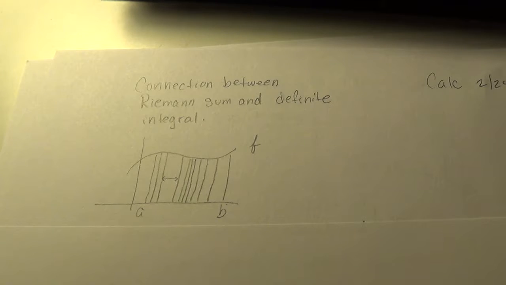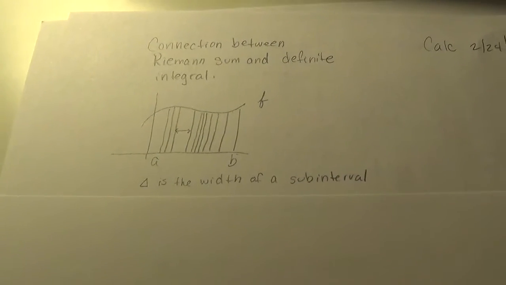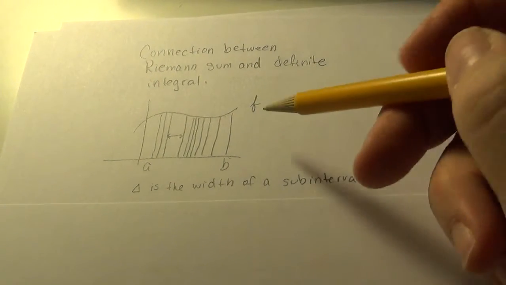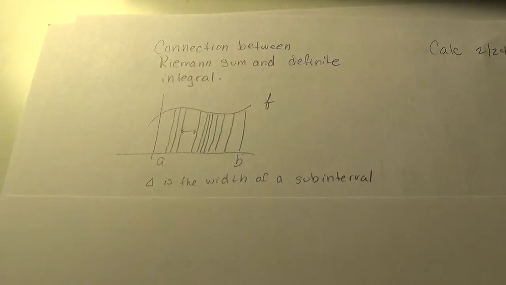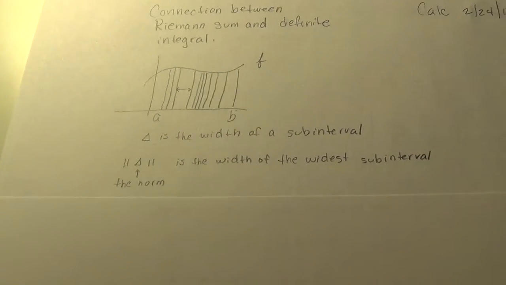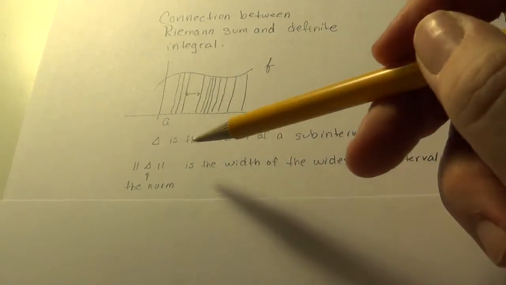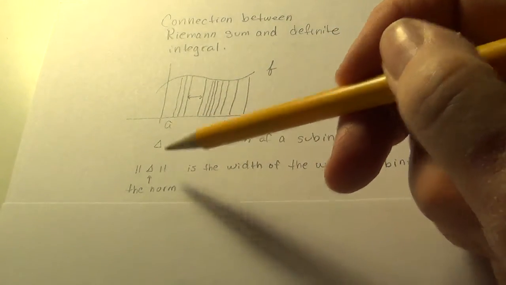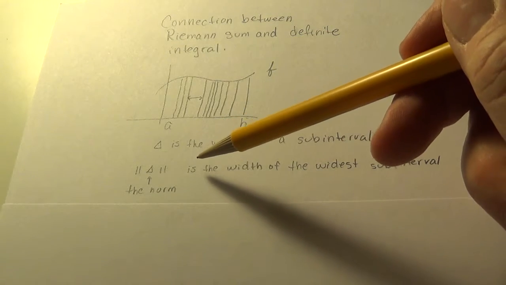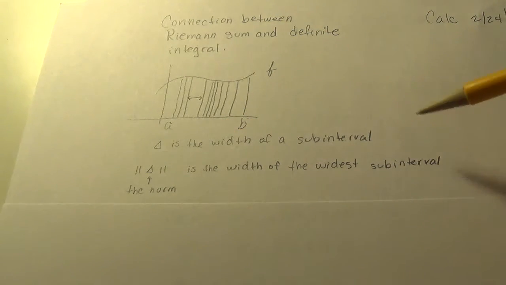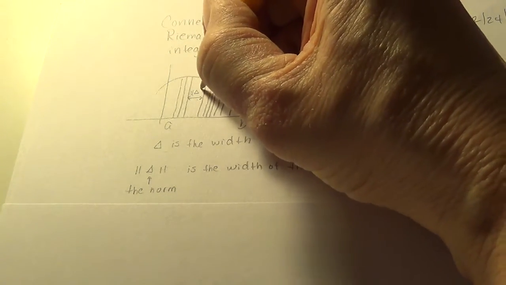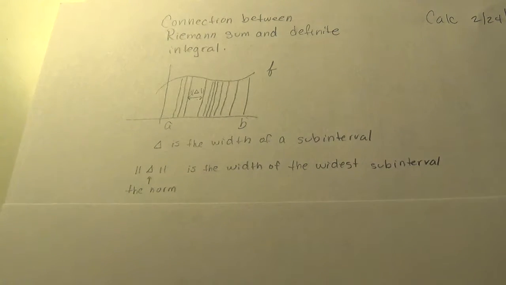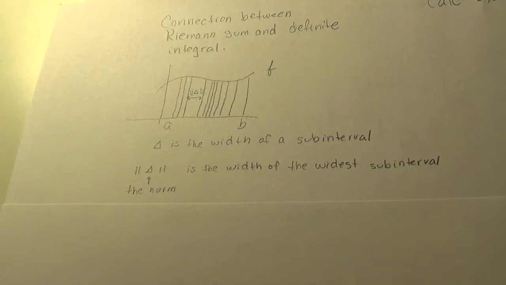In fact, we call the width of each subinterval delta, and we call the width of the largest subinterval the norm, and we indicate it with these double bars. So it is the width of the widest subinterval. So I marked it on here. That is our delta in bars, and it's red, the norm.